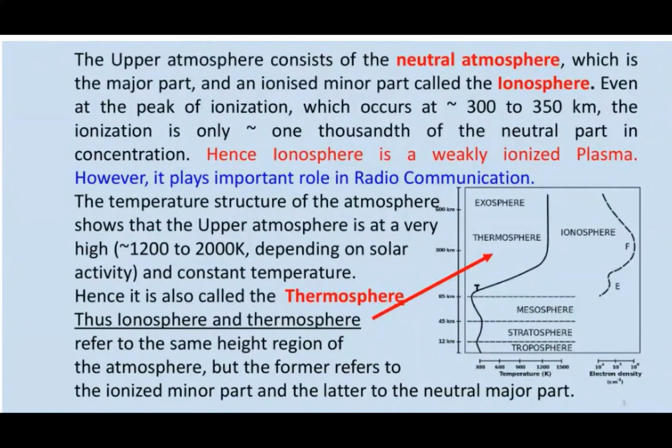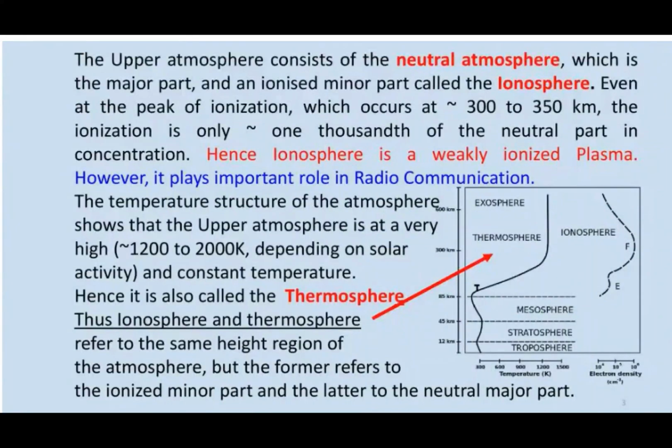Even at the peak of the ionization, which occurs at about 300 to 350 kilometer altitude, the ionization is only about 1/1000th of the neutral density there. That gives an idea of how weak the ionization is compared to the neutral part of the atmosphere. Hence, the ionosphere is defined as a weakly ionized plasma.